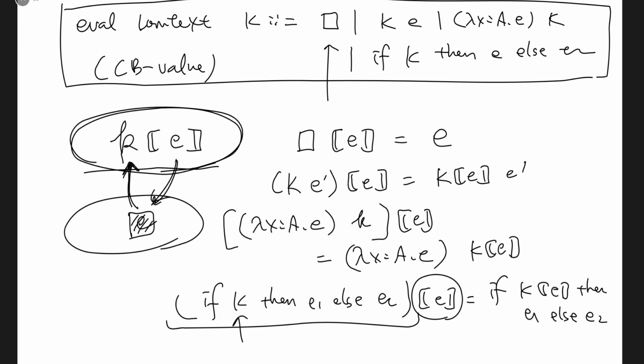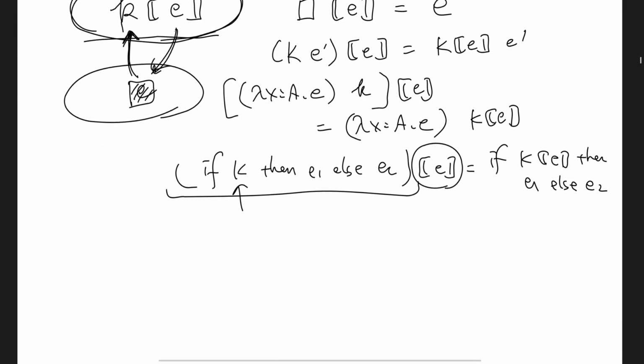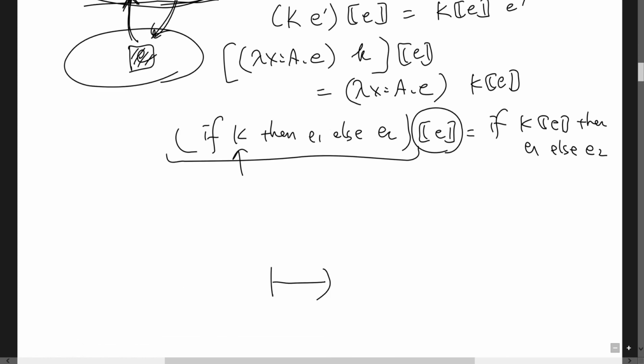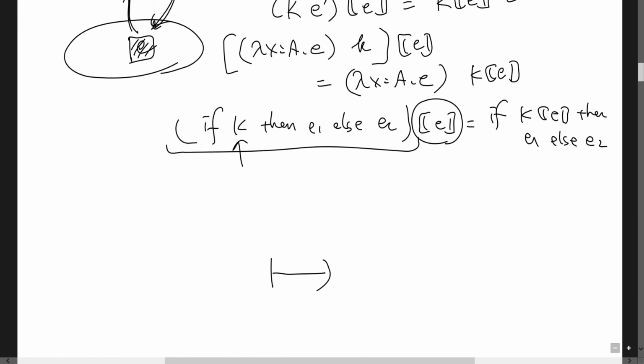Now suppose that an expression is reducible. We know that this expression E is reduced to another expression E prime. Then we know that this is reducible, so there must be a unique redex.